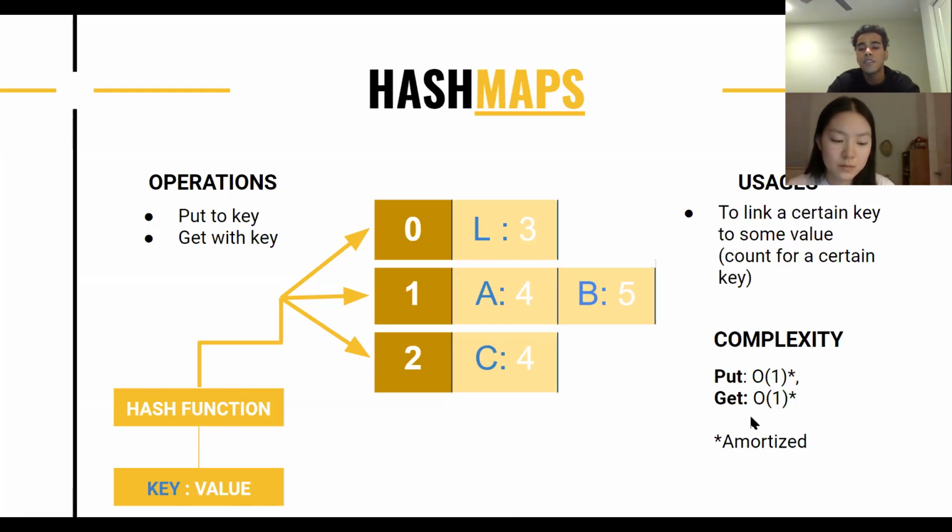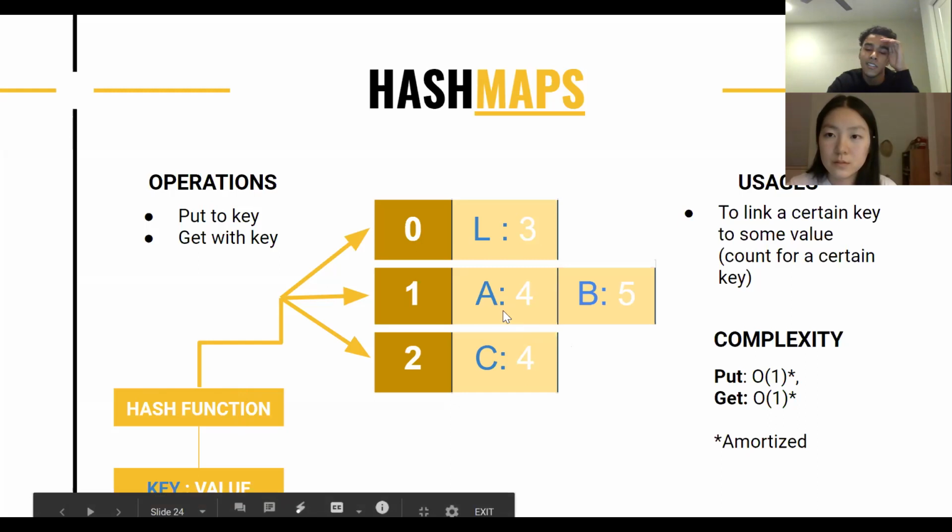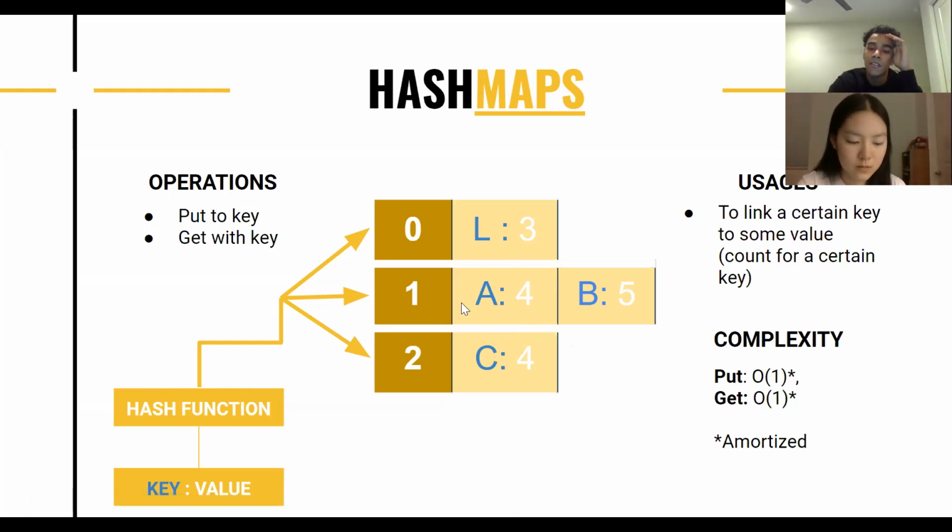But that is why we say amortized when we talk about the time complexity, because there is a possible worst case in which all of your elements get sorted into the same index bucket. And this drives your search time all the way up to O of n, because you have to search through this entire linked list to find that one specific item you're looking for. And the operations on this are O of 1, but with that little asterisk over here because it is amortized.